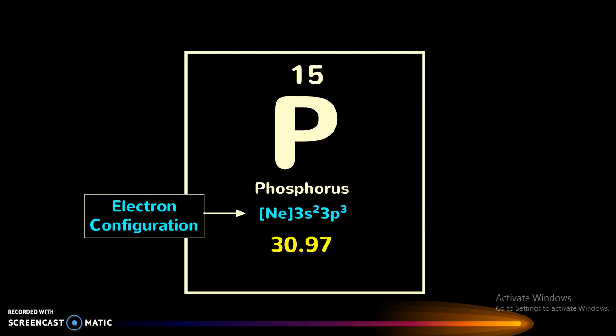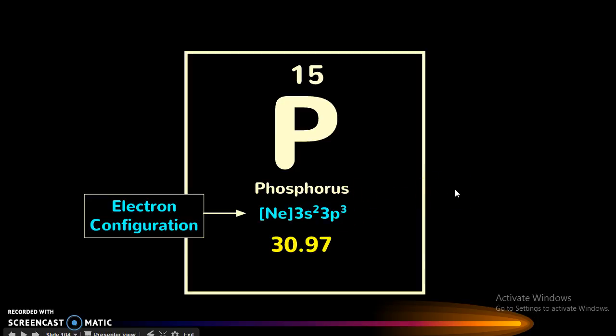Phosphorus has those filled as well as 3s2, 3p3. Since both the 3s2 and the 3p3 have the 3 in front of them, they both are a part of period 3. That means in period 3, we have 5 electrons. The 2 here and the 3 here.